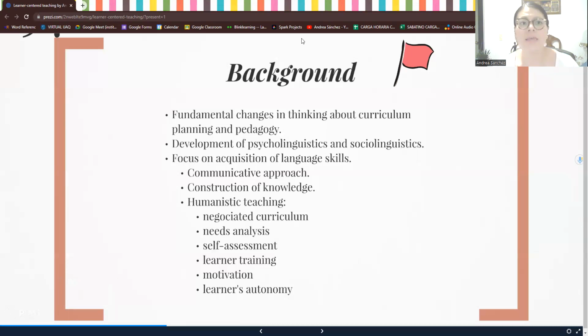Through these conversations, we could improve our students' learning, okay? That's about learner training, training our students to become better at learning.